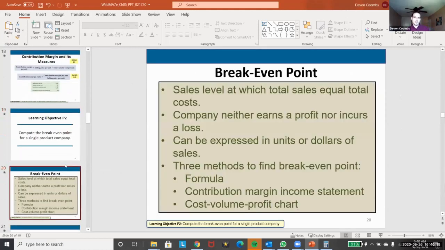So using that, let's talk about break even. So what's the break even point? Break even point is the sales level at which the total costs equal total sales. So that means, hey, I have broken even. We hear this all the time if you ever watch Shark Tank. Like, when can we make sure that we've at least recouped our losses?